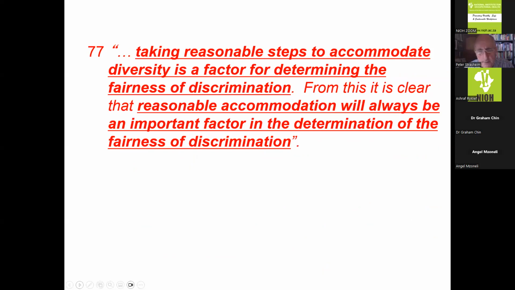It can't be more clearly put. You have to consider reasonable accommodation, because without doing so, you cannot determine whether the dismissal on the grounds of incapacity or disability was fair. It really is as simple as that.